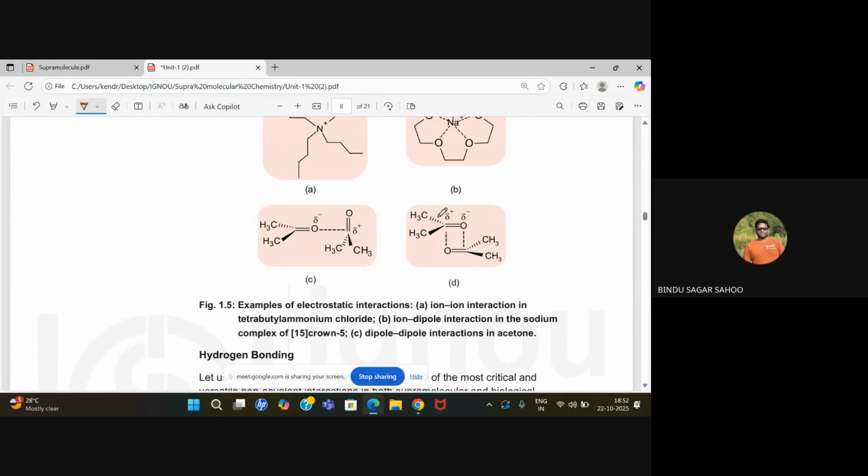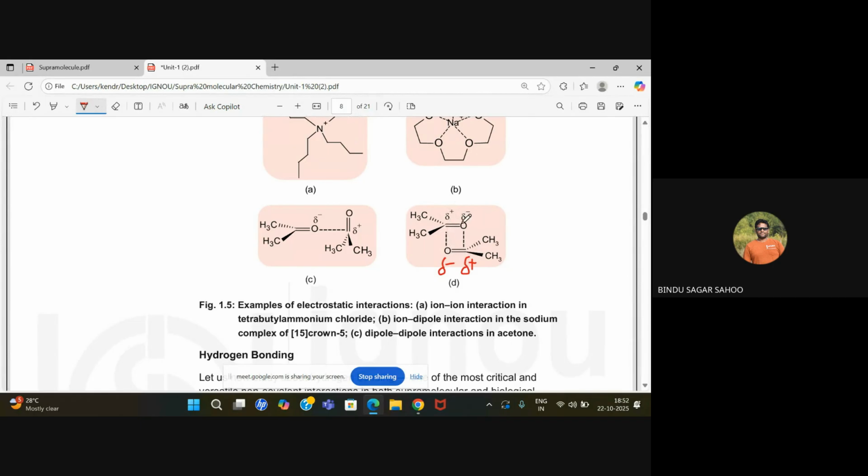So this is a dipole. Here this carbonyl group will form a dipole also. Here this carbonyl group will also form a dipole. So the negative end of oxygen can make an interaction with the carbon end, which is a positive center.